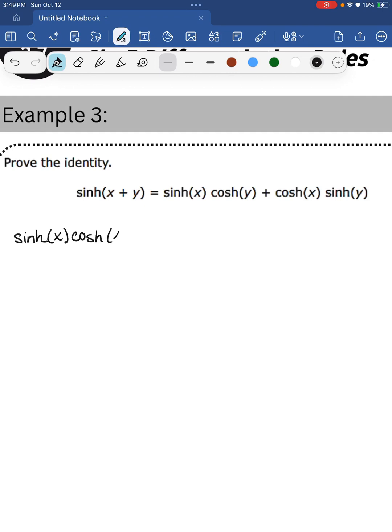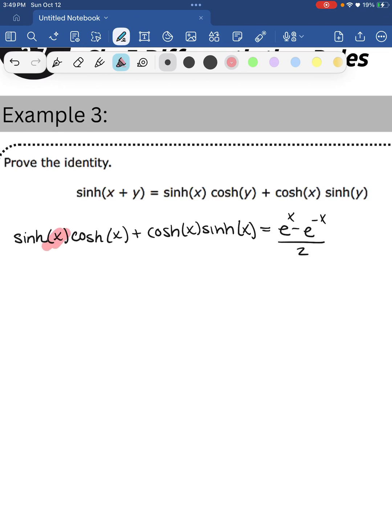And we're adding to that cosh of x, so that's e to the x plus e to the negative x over 2, where cosine is plus and sine is minus. All this happens to be all that. And then we end up with times e to the y minus e to the negative y all over 2. So we rewrote our four expressions there.